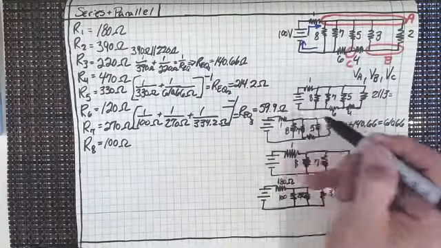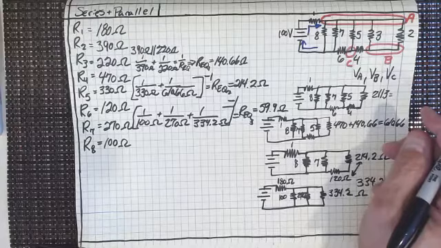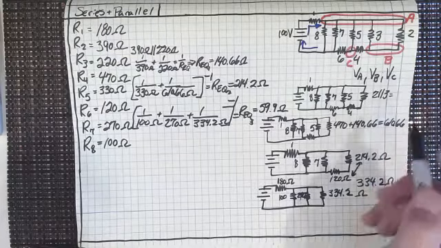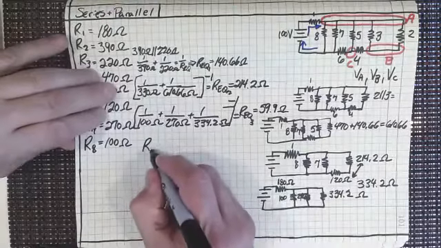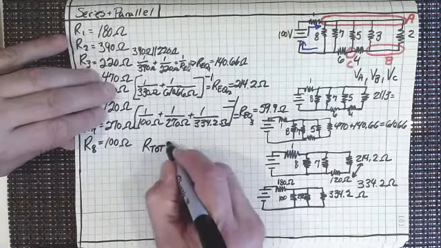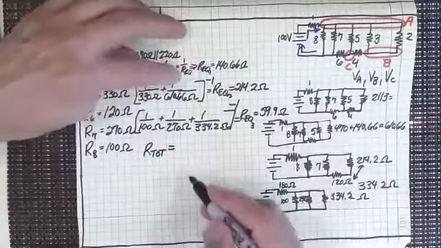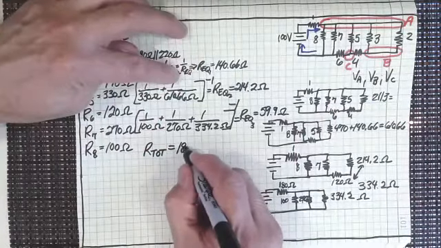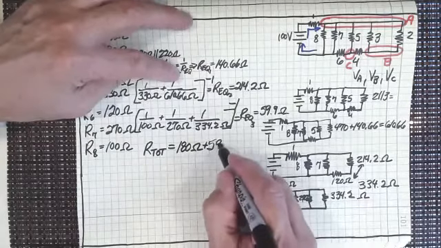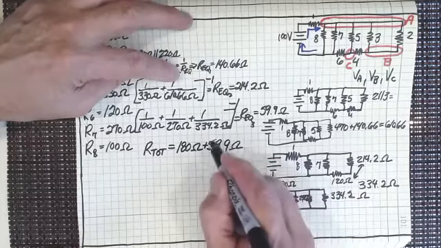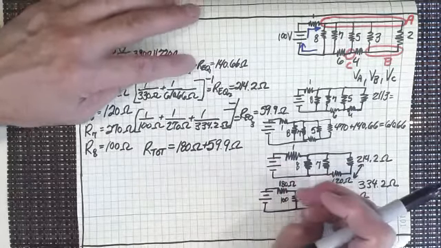59.9 ohms, and that's less than 100 ohms, isn't it? I think everybody sees that. So we still have to add that on to the 180. So our total, what the power supply is seeing of that circuit, is going to be 180 ohms plus 59.9 ohms. And you know, I wish it was 60, but it was really like 59.89. So I'm going to keep the 59.9 ohms.